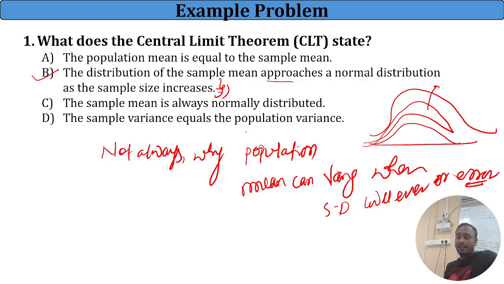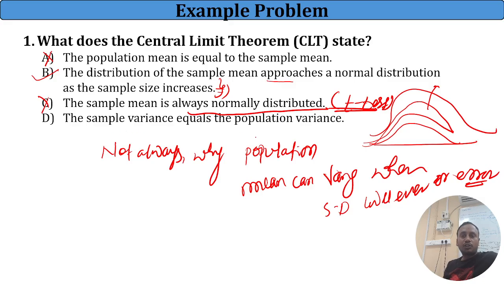If the standard deviation or standard error changes, the population mean can change. Then, that the sample mean is always normally distributed for the case of central limit theorem, it's not always. Why? Because that is not relevant when the number of samples increases, but this condition becomes relevant in the t-test case. So this can't be the answer.